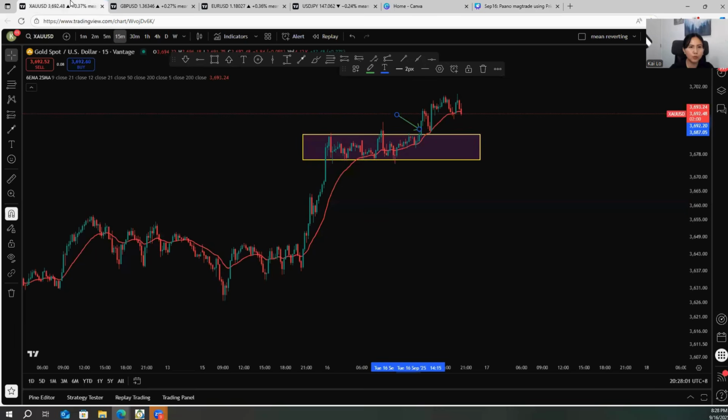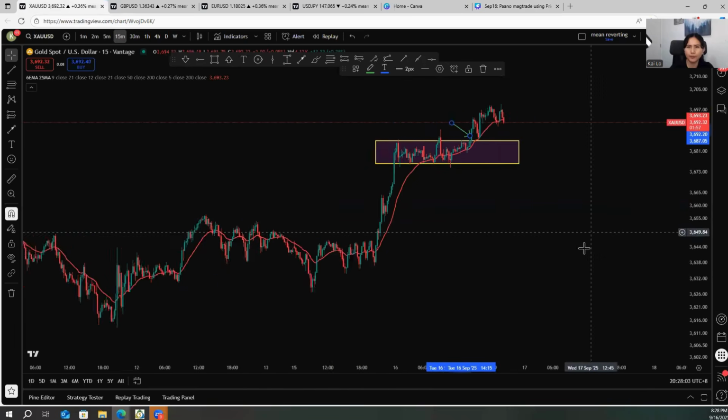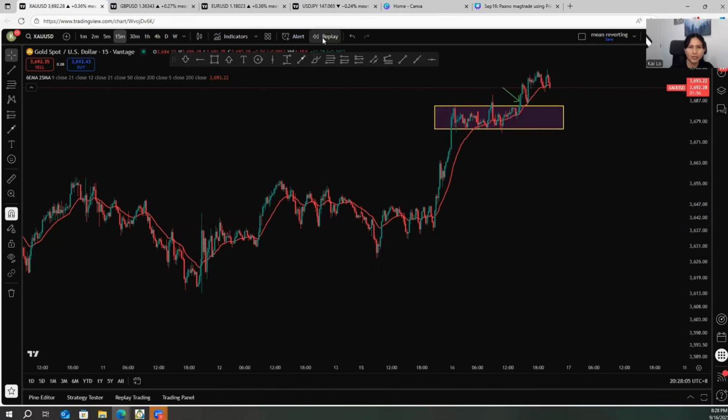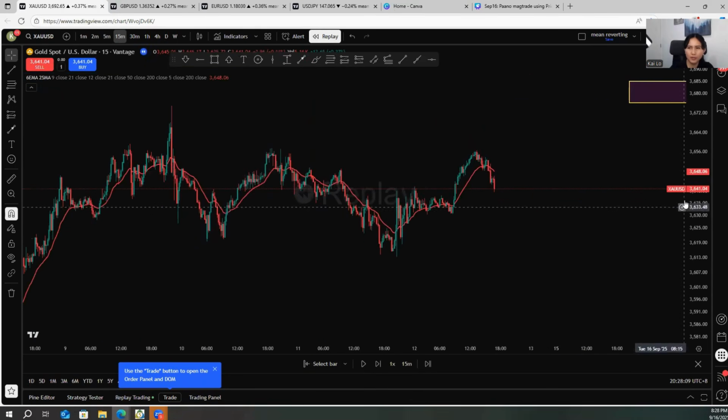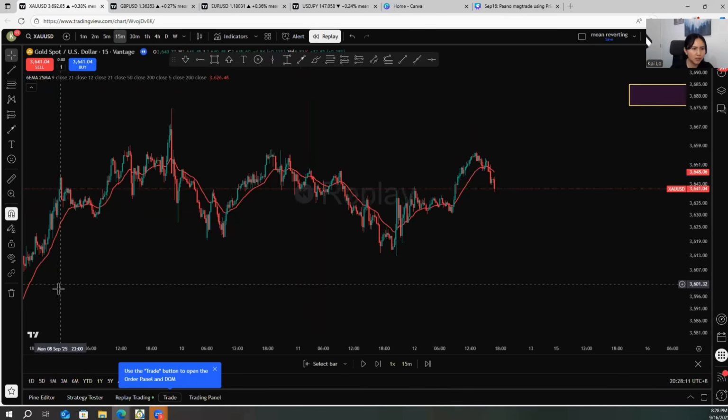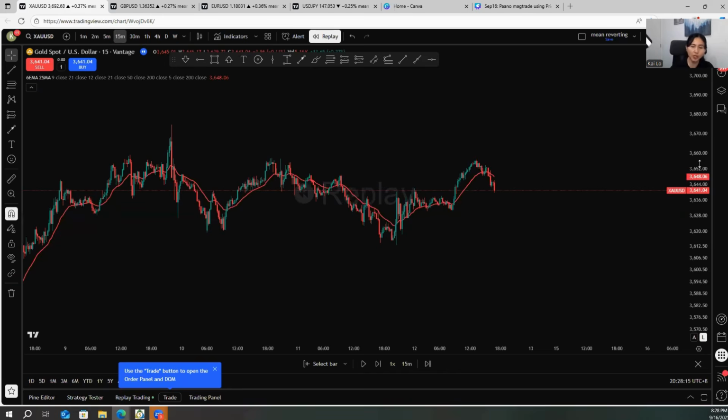Now, let's go to examples. For example, let's go back in time. This is gold at the 15-minute time frame. It depends on where you are most comfortable, but for the sake of example, let's just look at the 15-minute time frame of gold.